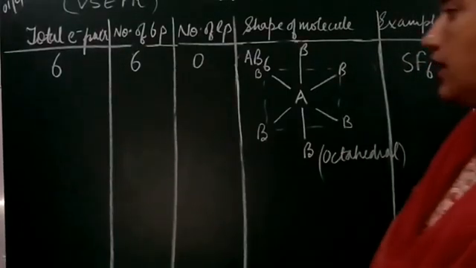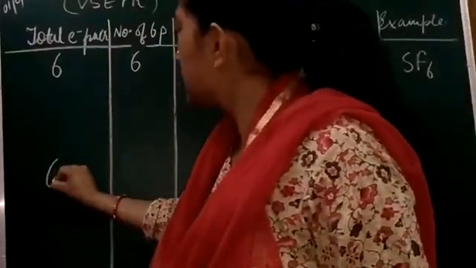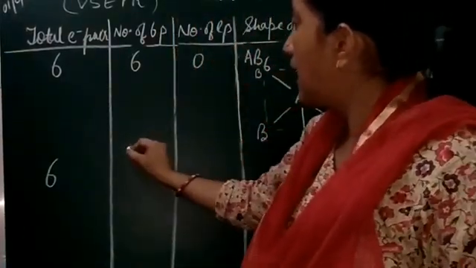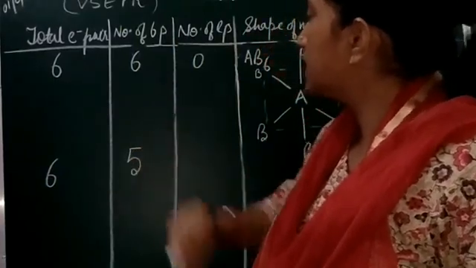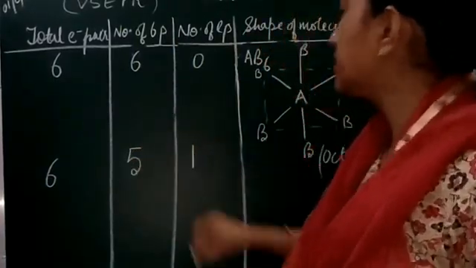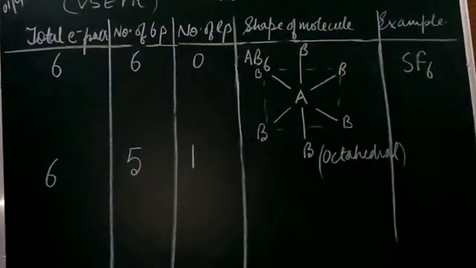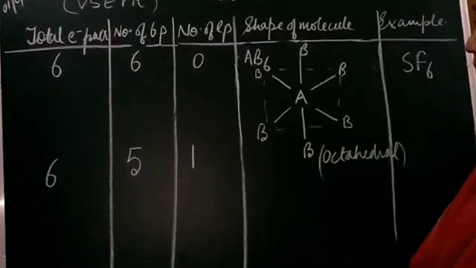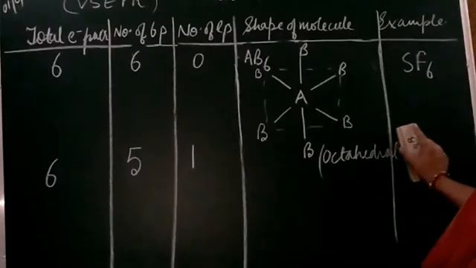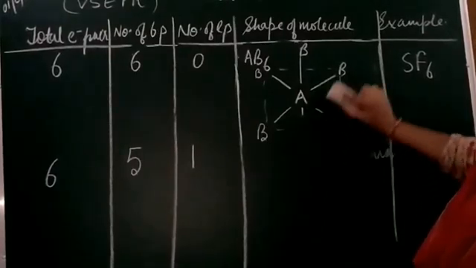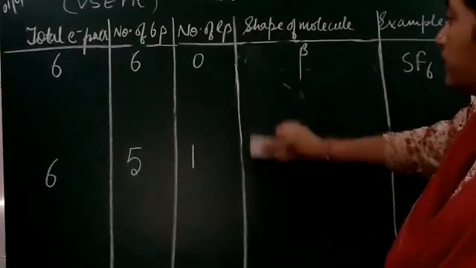But if we have 6 electron pair and there is 5 bond pair and the presence of 1 lone pair, right, students? So if we have 5 bond pairs and 1 lone pair, at that time what is going to be the shape of the molecule?